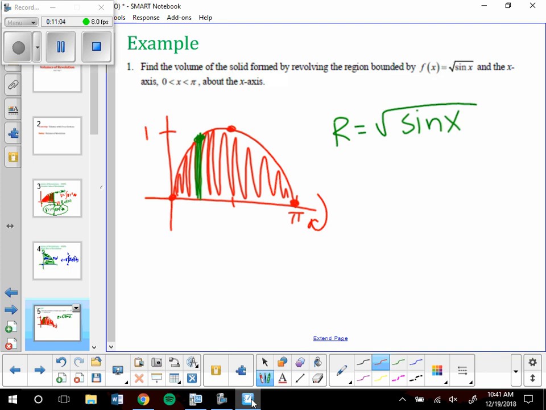Then to find our volume, we integrate pi r squared, so pi times root sine x squared, with respect to x. What x values do I go between? 0 and pi. And so that'll give me the volume. What kind of shape is this going to make? How would you describe it? It's like a wide circle. Yeah, it's like a sphere, but not a sphere.